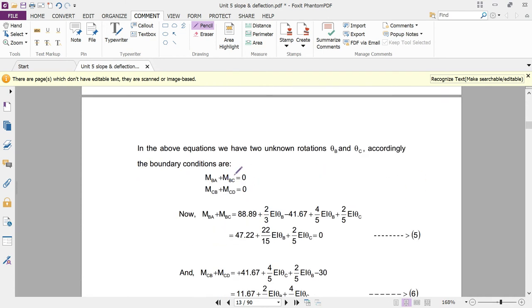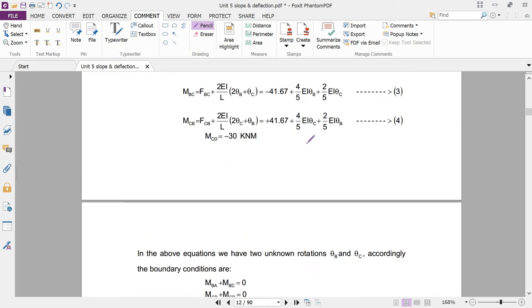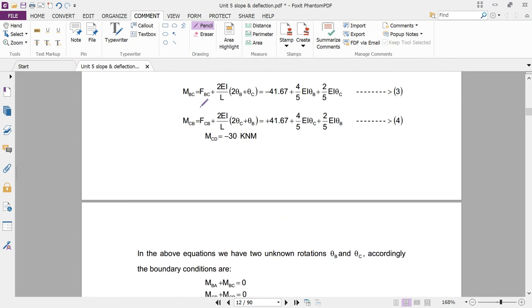If you sum all these moments, you will directly get the value as 0, because we know very well that at each joint the summation of moments must be equal to 0, otherwise the condition of equilibrium will not be formed. Now as we are getting this condition, we have to put the values that we have already obtained into the particular equations, M of AB, BA, BC, CB.